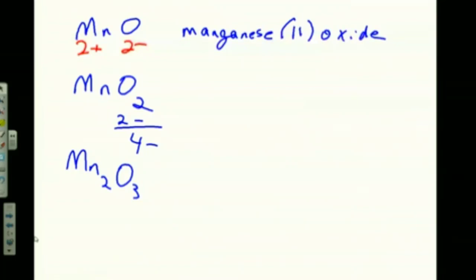So what does manganese have to be? I have a total of 4 negative charges, so I have to have a total of 4 positive charges, don't I? Have to. So this is now manganese 4 oxide. Told you they're all manganese oxide.